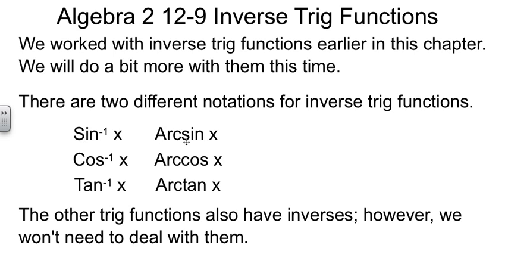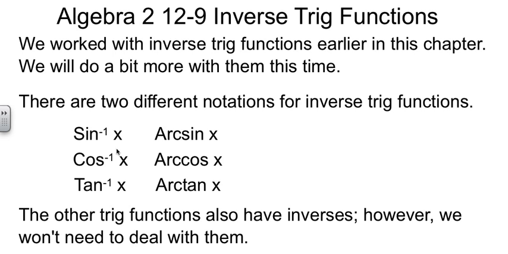Now, there's another way to write the same idea. Instead of sine inverse, sometimes you'll see arc sine, and arc cosine, and arc tangent. The arc part comes from it being part of a circle, and you'll find more out about that in geometry.